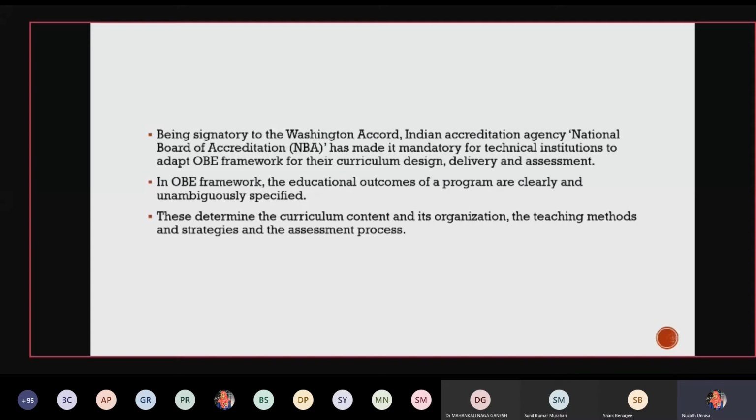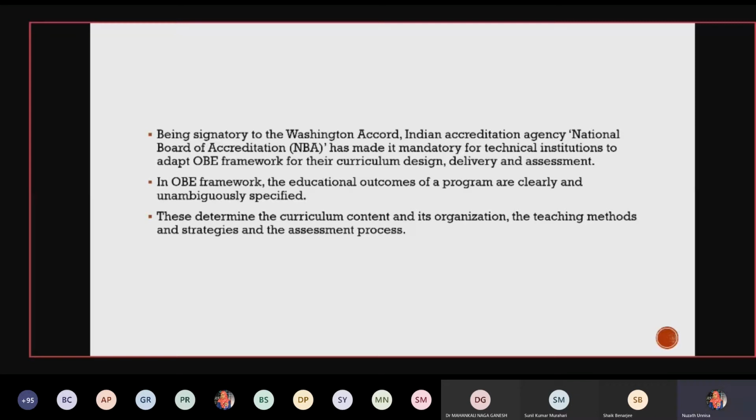This OBE framework is all about program outcomes, course outcomes, and program educational outcomes, trying to get the attainments through mapping, CO-PO mapping. So this is all about OBE, outcome-based education.